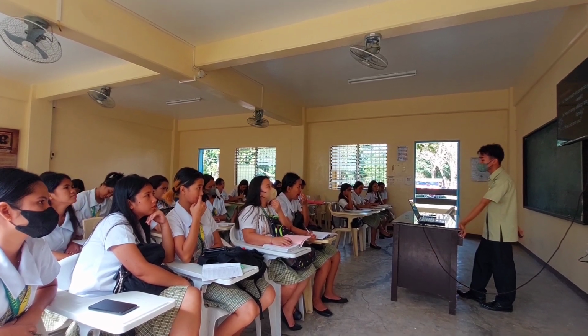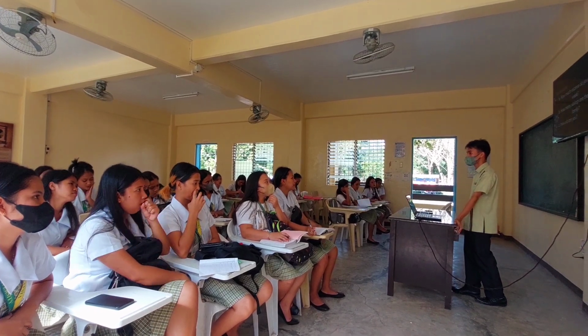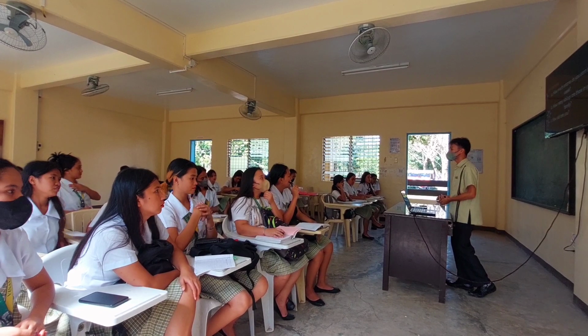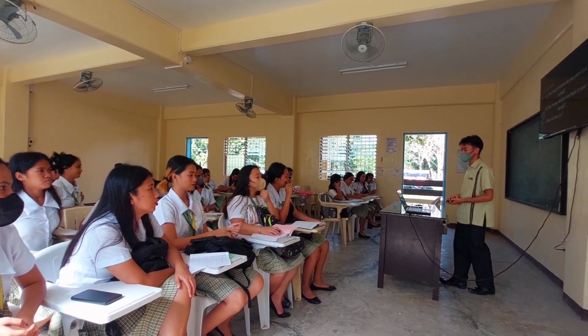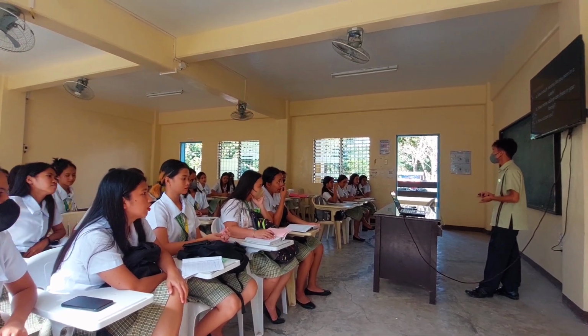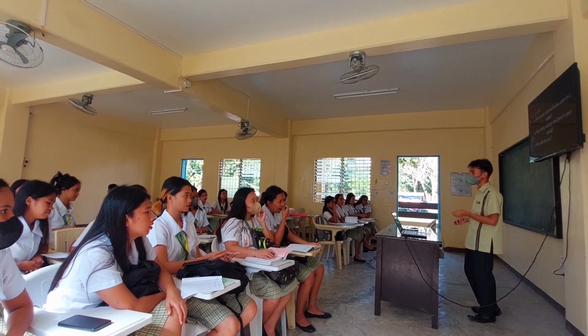Next, how old are you? So age is an example of ratio. Number of students in a classroom is an example of ratio. Then another one is number of chairs in the classroom, so ratio again.